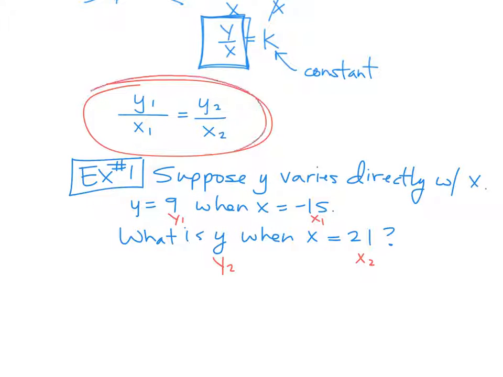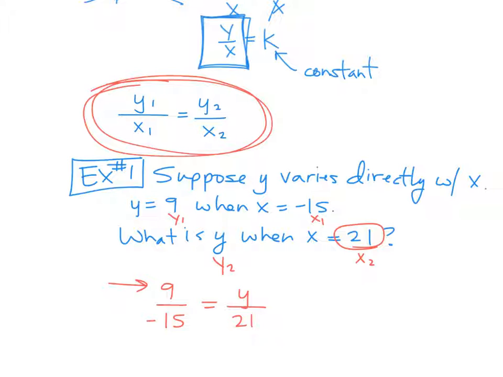Okay, so if I'm going to set up this proportion right now, it's going to look like this. What's going to go in this first spot? That's your 9 over what? Negative 15. Okay, so it's y1 over x1, and then y2, which we don't know, we're just going to call that y, over x2, which is this 21 right here.